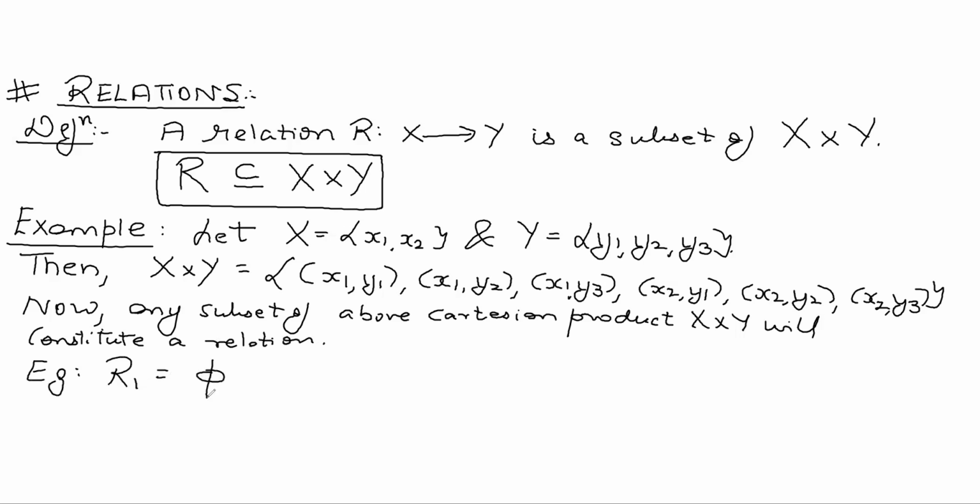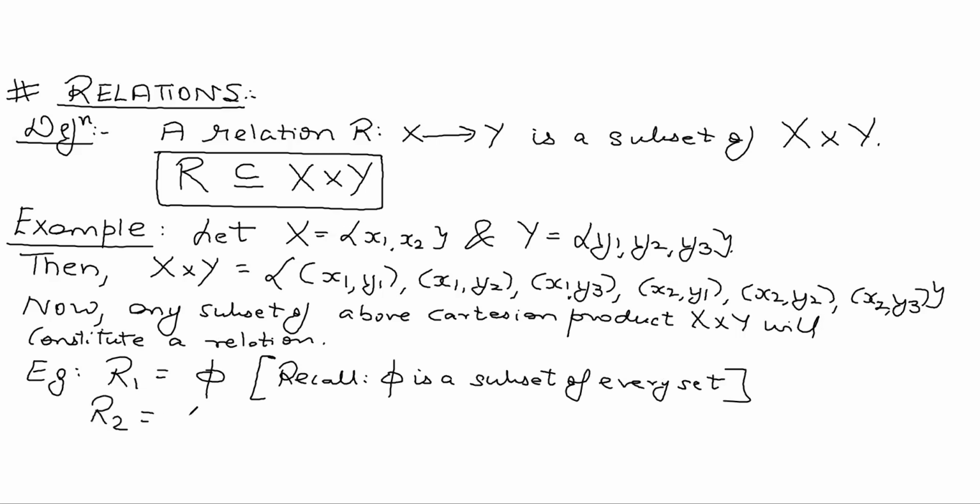Phi is a relation because all of us know that phi is a subset of every set. We know this, right? Recall, phi is a subset of every set. So phi is a relation.